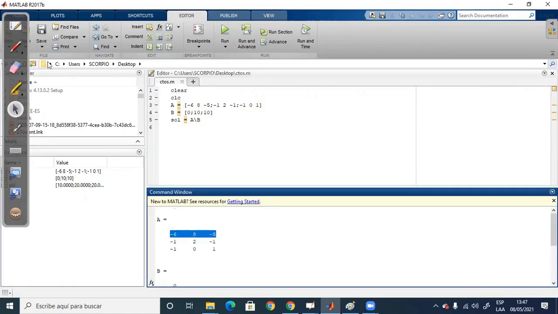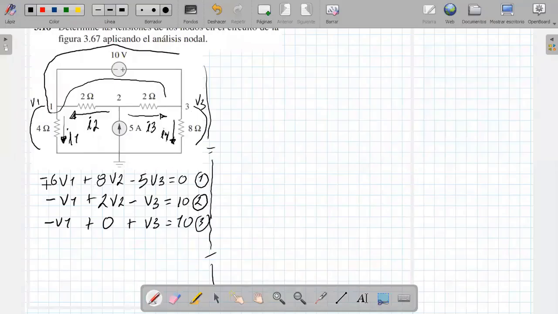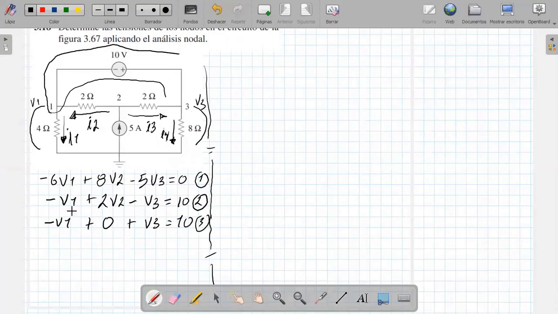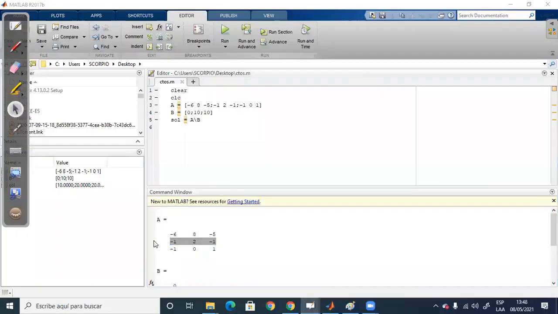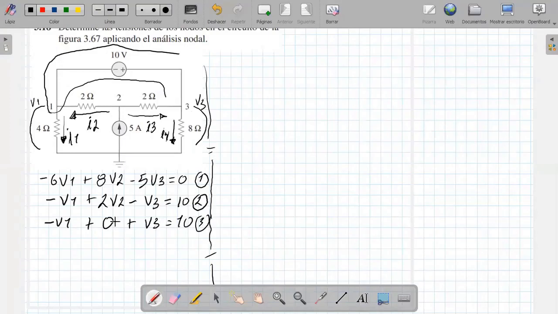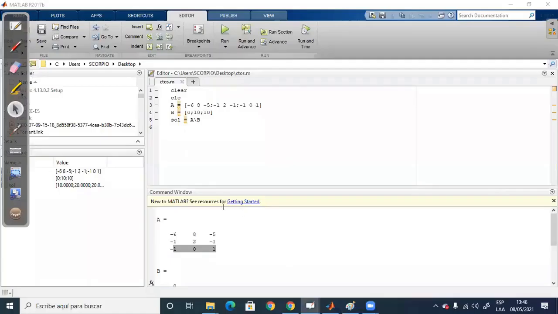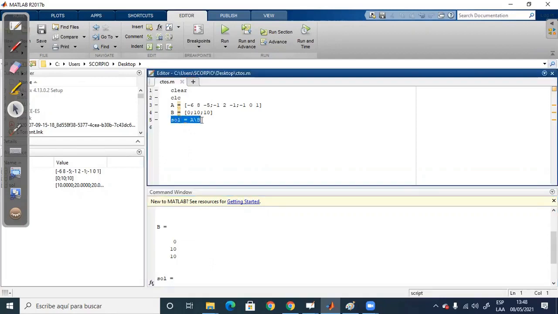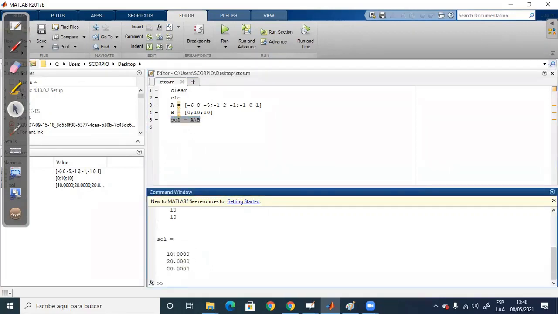Notice that the matrix A is minus 6, 8, minus 5; minus 1, 2, minus 1; and 1, 0, minus 1. Just like this is the matrix B: 0, 10, 10. And this is the solution A versus B.